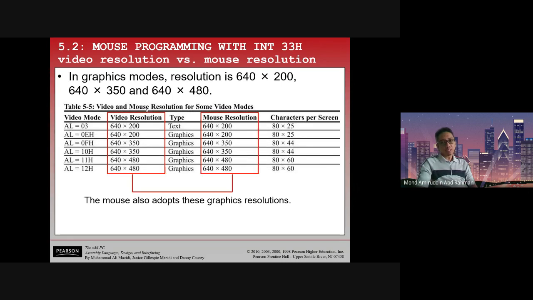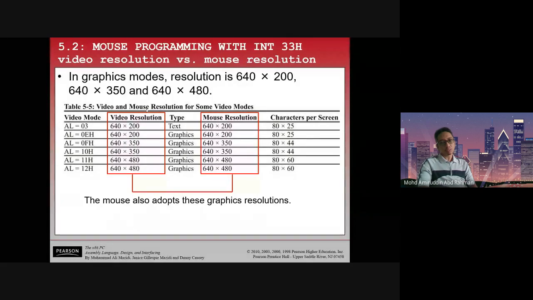Okay, so ini dia punya ni lah mouse resolution compare tu dengan video resolution yang available. Okay, so dia akan follow lah, dia akan follow video resolution tu. So kalau video resolution 640x200, mouse resolution pun sama. Okay, cuma and then sama juga bila dia berubah akan berubah lah.